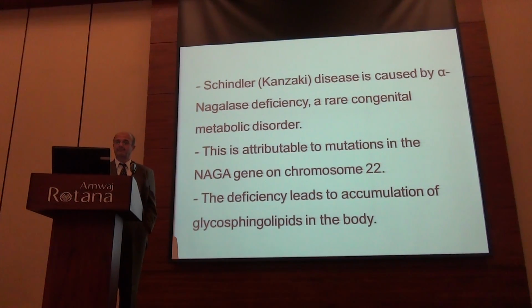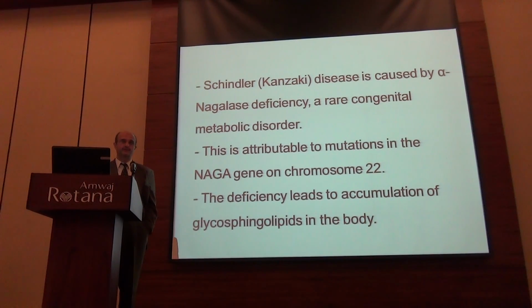This is a rare congenital autosomal recessive disease and can result in metabolic syndromes and accumulation of some sugars in the body itself. And usually this is fatal when there is complete deficiency of nagalase. The gene for nagalase is called NAGA, and it's present in humans on chromosome number 22.